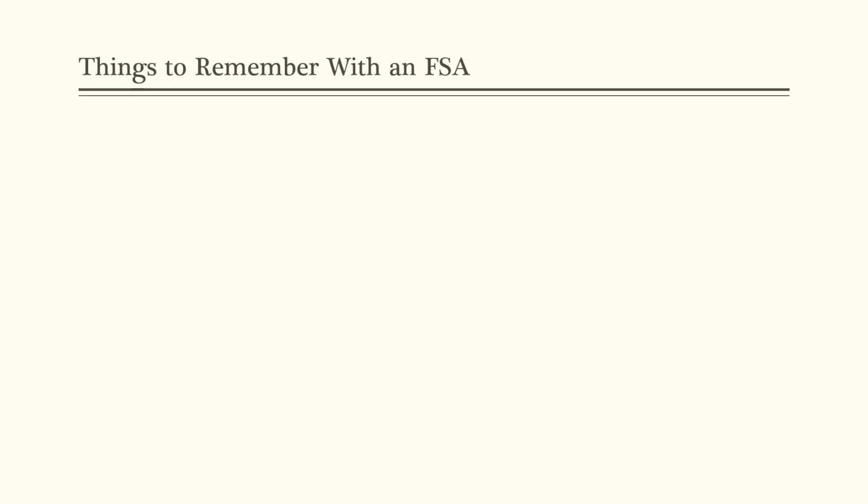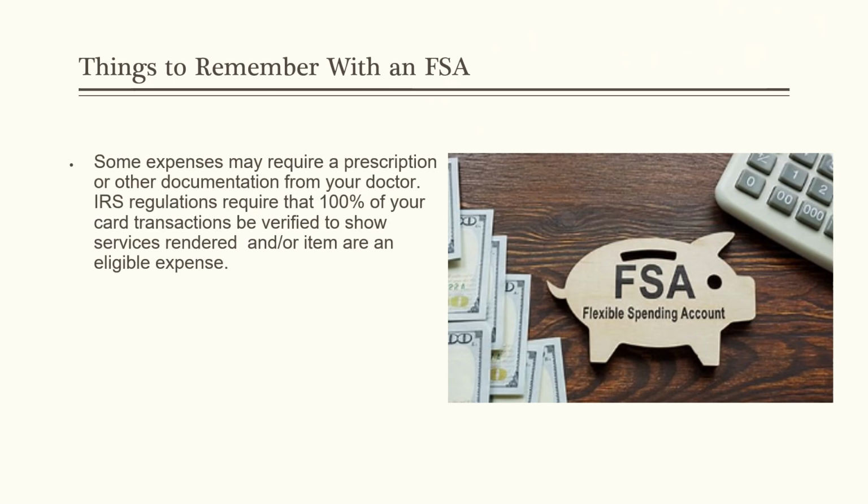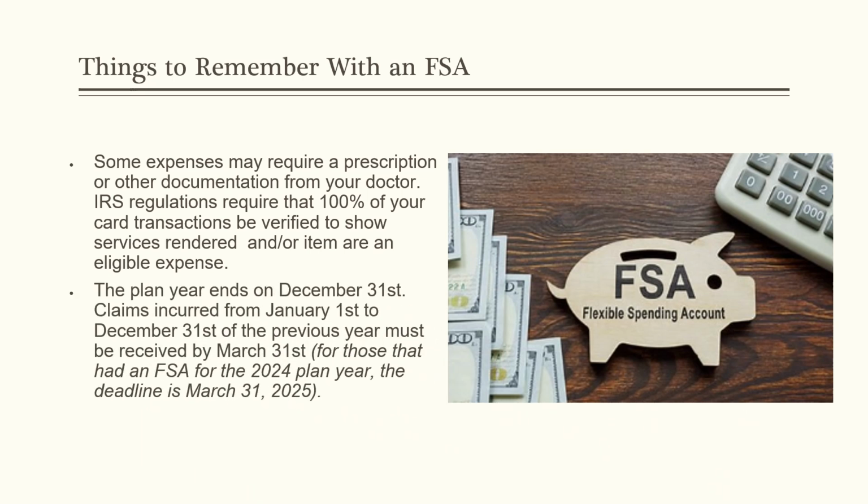Things to remember with an FSA is that some expenses may require a prescription or other documentation from your physician. IRS regulations require that 100% of your card transactions be verified to show services rendered and/or items that are eligible expenses. The plan year ends on December 31st.